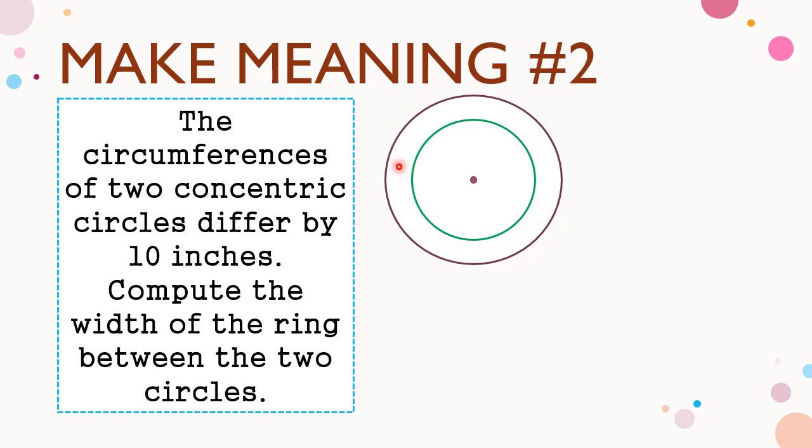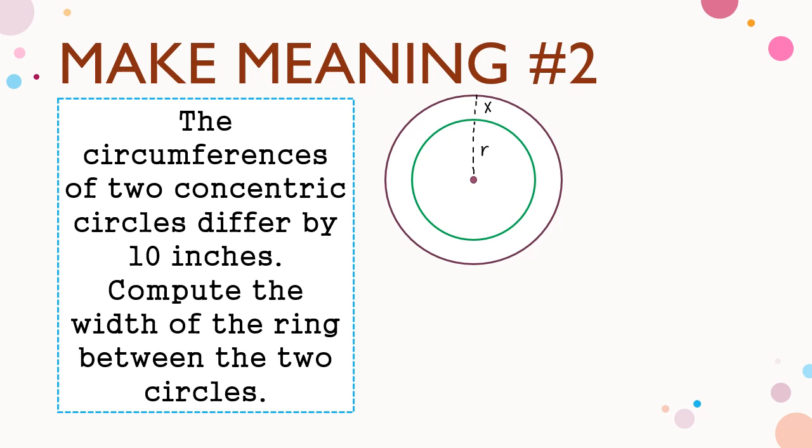So now, here in our given problem, the radius is not directly given, right? So with that, we are supposed to represent the radius of our small circle and then the bigger circle. Let me draw the segment that represents the radius of the smaller circle, and let us represent it by r. And what about our bigger circle? We are going to put here again a simple representation for the radius of the big circle, and let's say the additional distance would be represented by x.